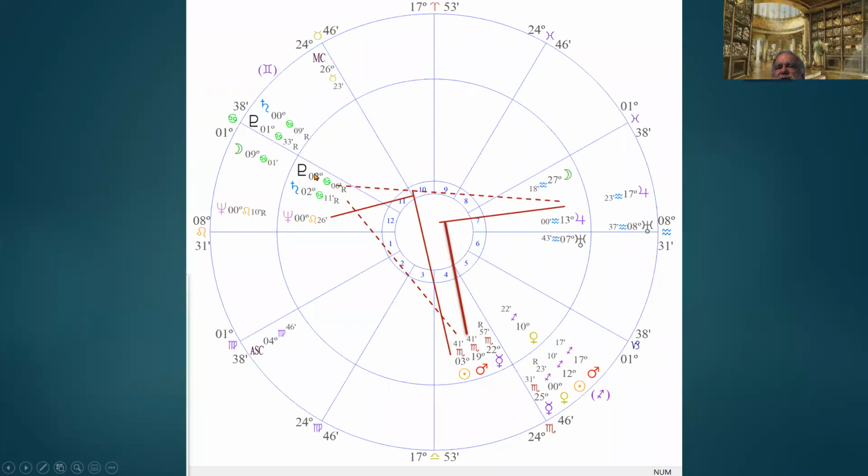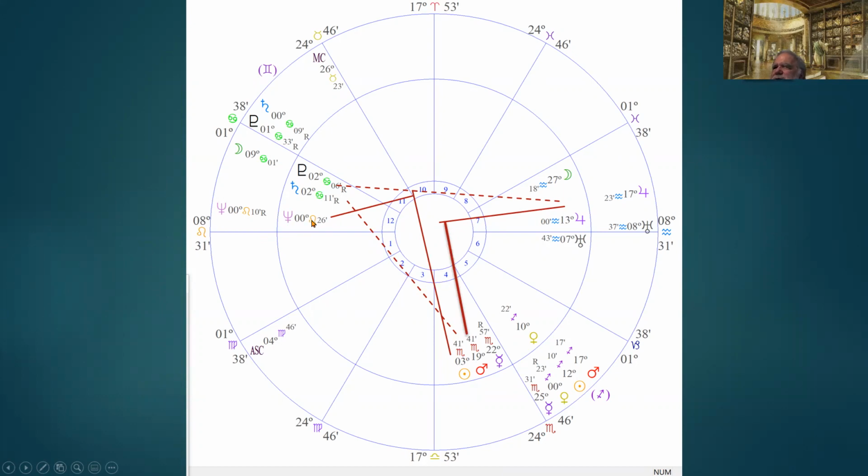You can see this is a very aggressive and destructive configuration, with both Saturn and Mars acting together. That's the two malefics, right? It can be very, very destructive. And then for the alcoholism, we have Neptune on the ascendant, squared to the sun.